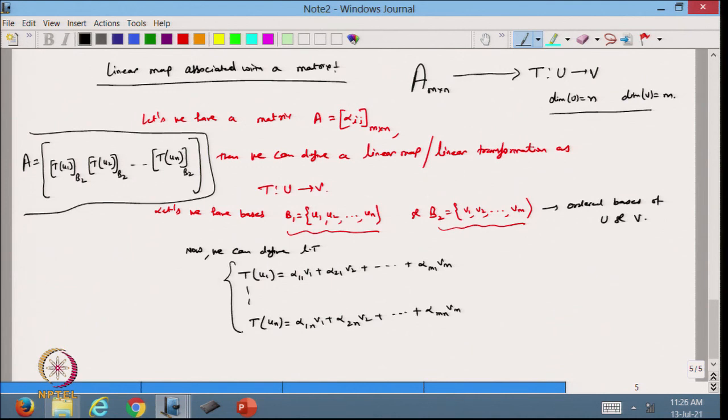This way we can find the given linear transformation corresponding to the bases B1 and B2.